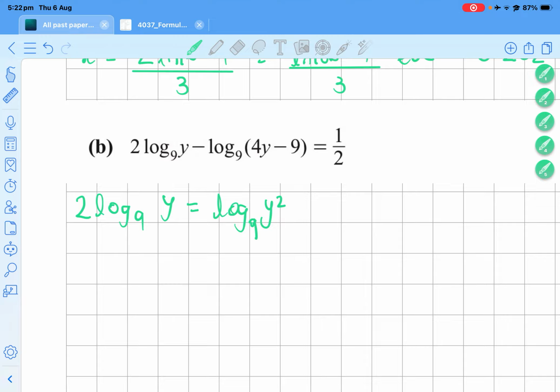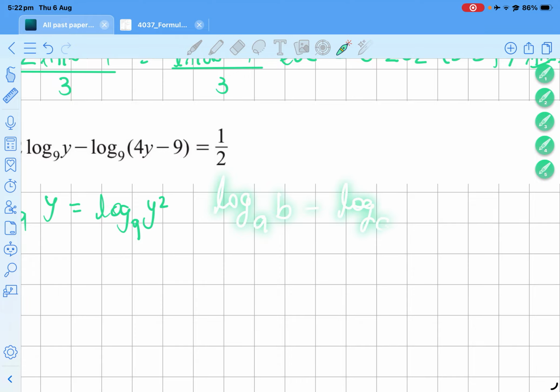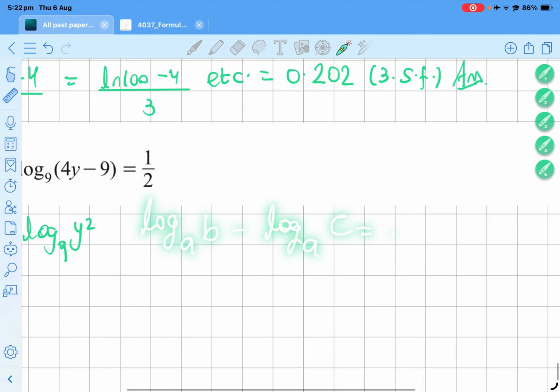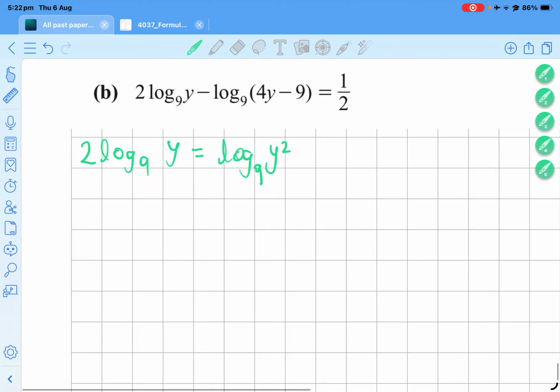And I know that log base a of b minus log base a of c is equal to log base a of b over c. So then you're in good hands. Why? Because you'll realize quickly that this whole complicated expression is just y squared over 4y minus 27, inside log base 9. I know it still feels a bit complicated, but really it isn't.